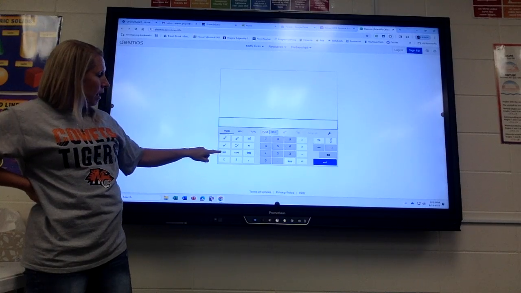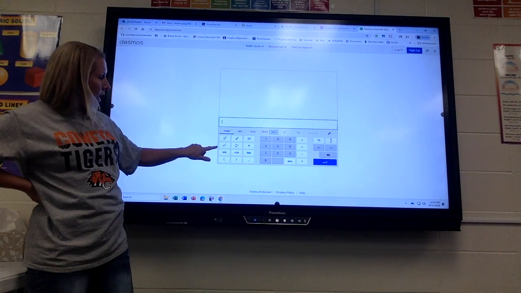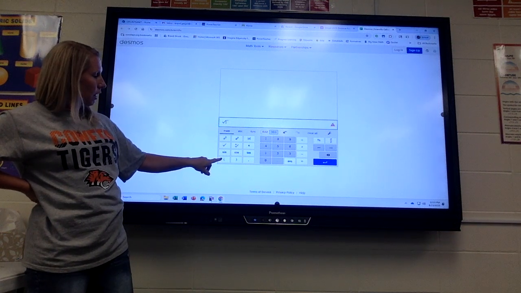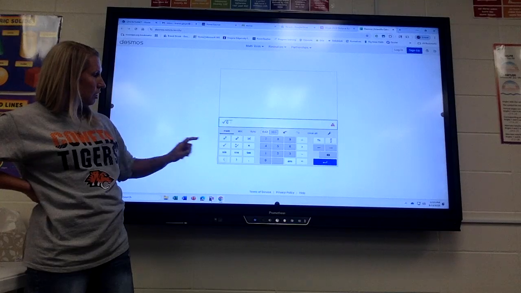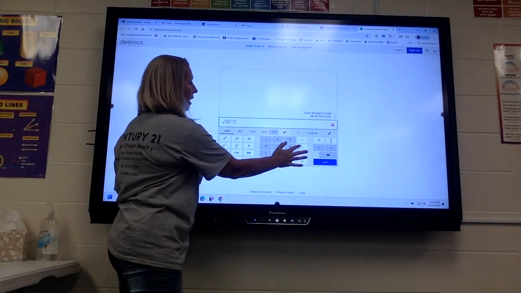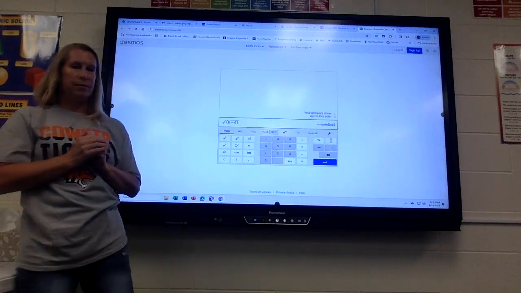So right above SIN and right under A squared, you're going to hit that little square root button. Then we're going to do the left parenthesis, which is under sin. And I'm going to type 0 minus 6, close the parentheses.